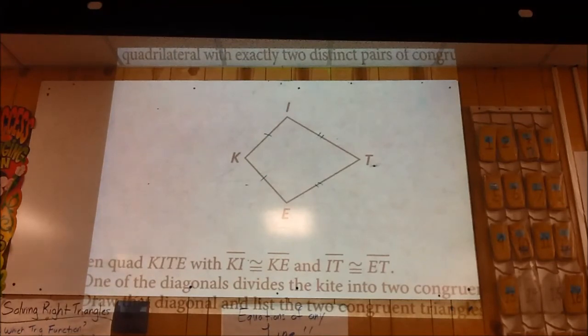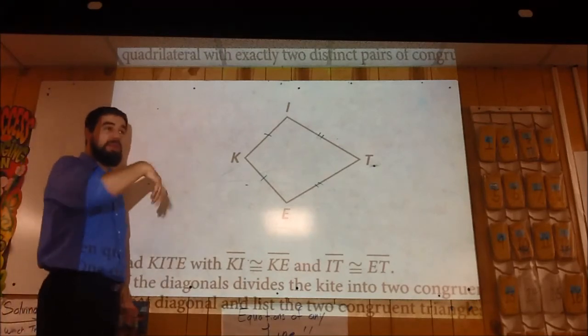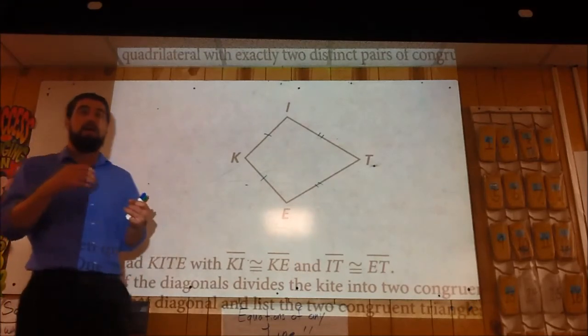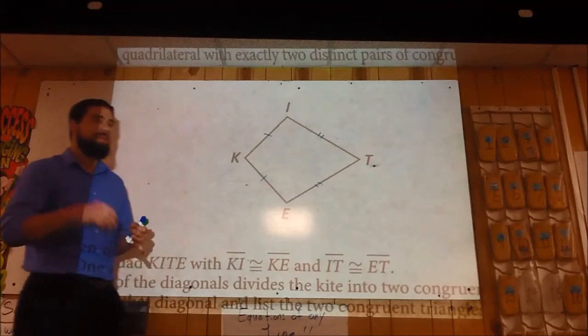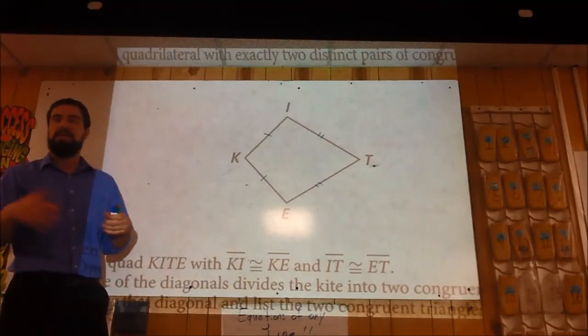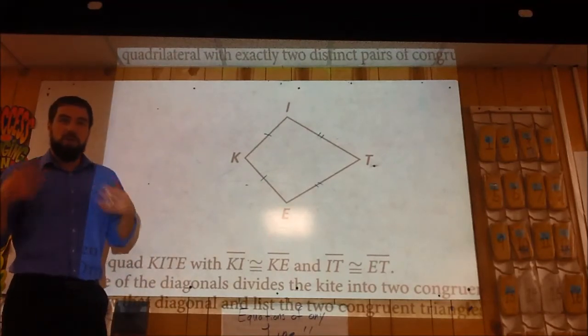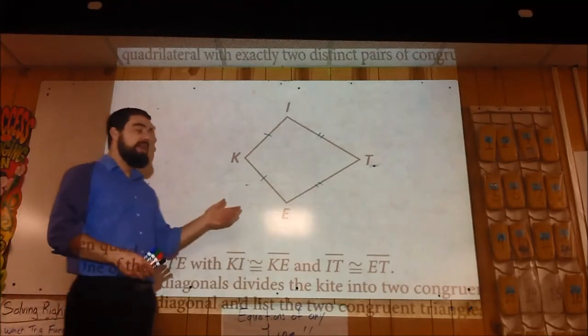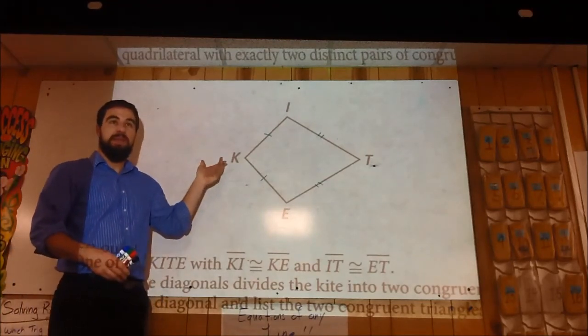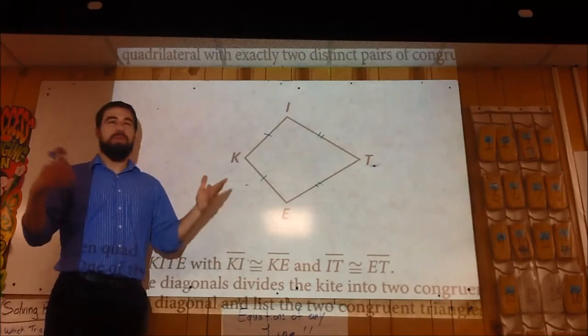You have to go back to the definition and prove this. We're going to learn a lot of different properties. We're going to see how their diagonals interact. We're going to see how opposite angles and opposite sides behave, and things like that. But if you're trying to prove that a quadrilateral is a kite, you have to go back to the definition. You can't just prove some of its properties.